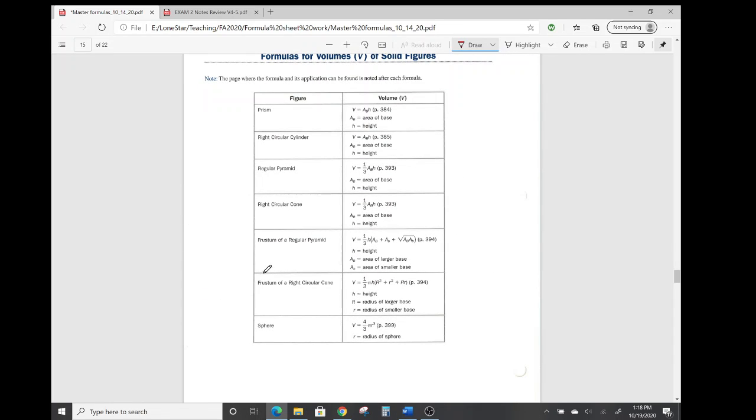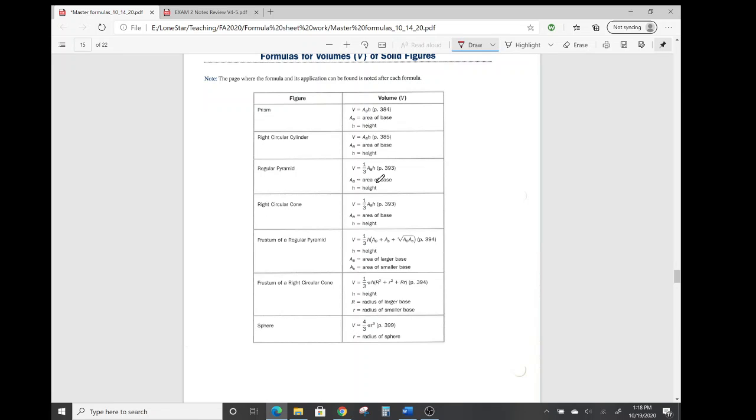Your frustrum for a right circular cone is here. You'll notice it has pi in it. Pi is right there. And you'll notice that the formula for the volume of a regular pyramid does not have pi because it's not round, and you're dealing with a radius here. Okay? We'll work more of these out later.